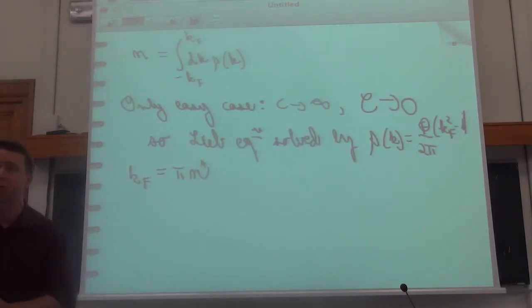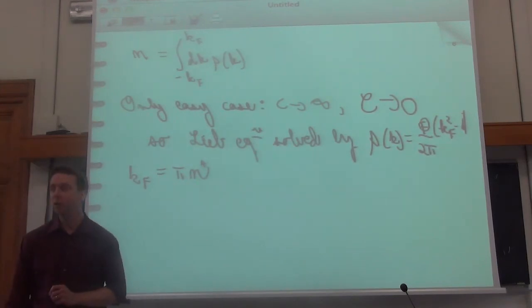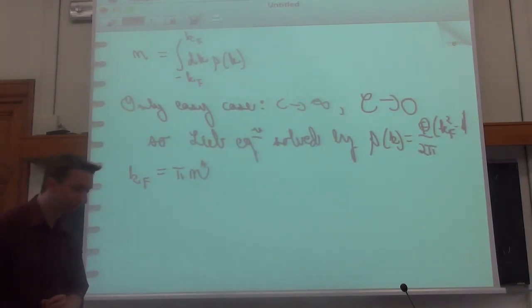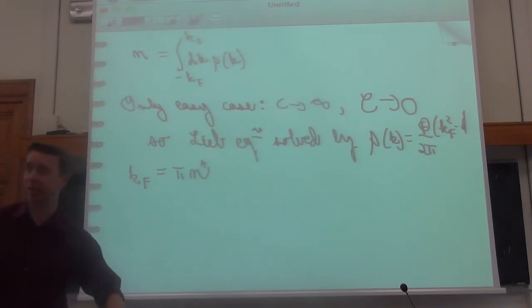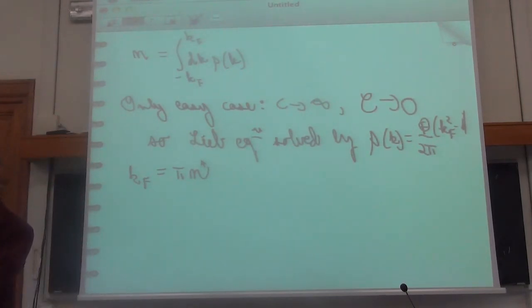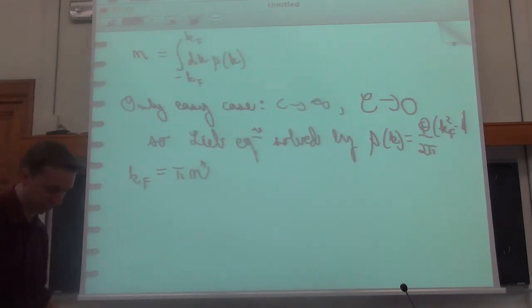The small c solution actually is quite challenging to obtain. In the small c limit, essentially, rho of k becomes a semicircle, which goes into a delta function when you take c going to 0. But I'm not going to describe that for you. It's a bit of a challenge.